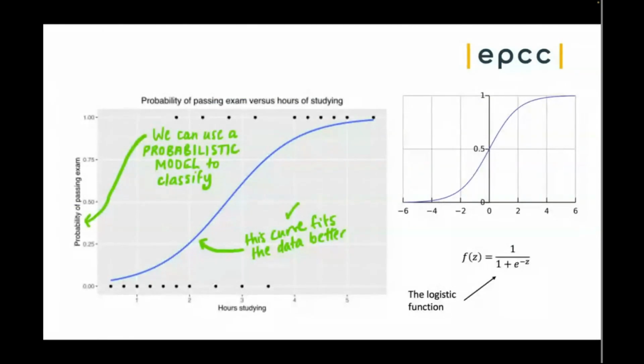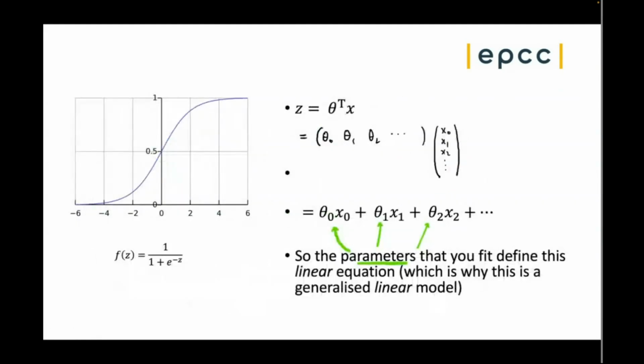In this case, we've only got one feature that we are basing our prediction on. So what happens if we have multiple features that we want to make our prediction on?